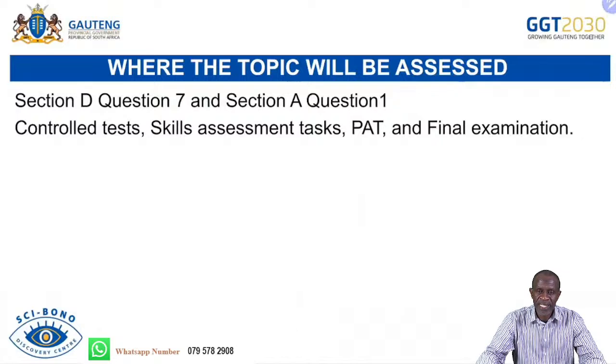So your question 7, your section D of the preliminary examination, will be assessed on sustainable and responsible tourism. So your questions 7 and 8 in the prelim examination will be based on sustainable and responsible tourism.